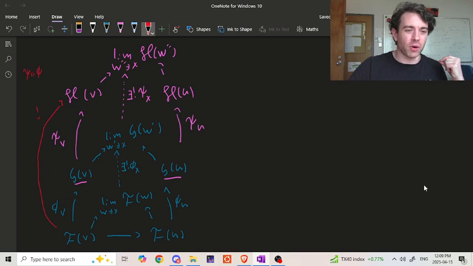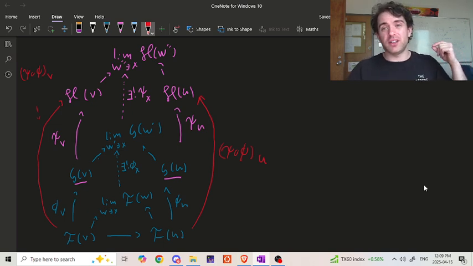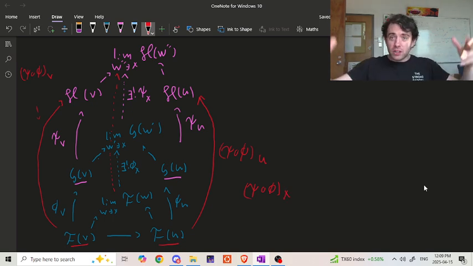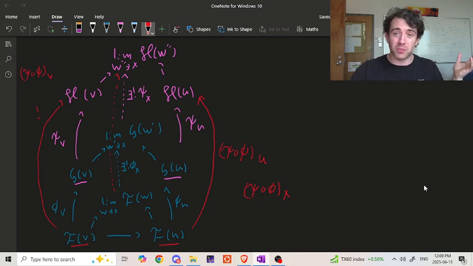This is psi composed with phi at V. Likewise, over here, this is psi composed with phi at U. And now using the universal property of the stalk of F, starting with these maps down here, I know that there's a unique morphism going right to here, and that unique morphism is the one making this big diagram with the red arrows all commute.